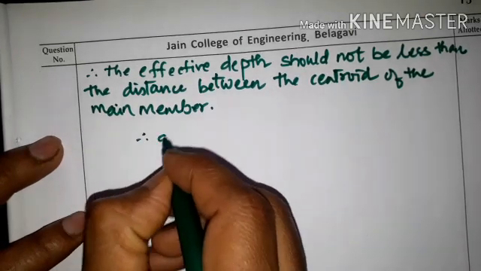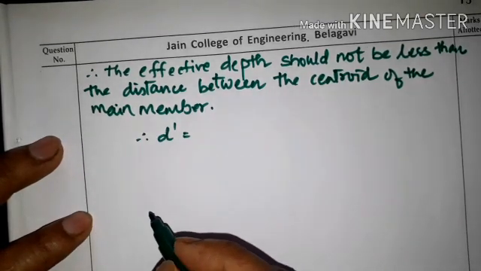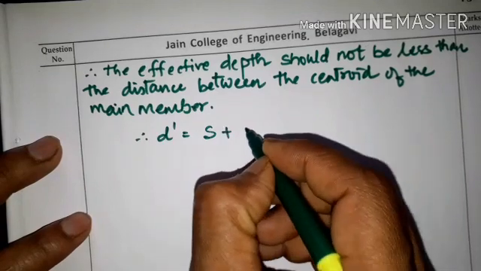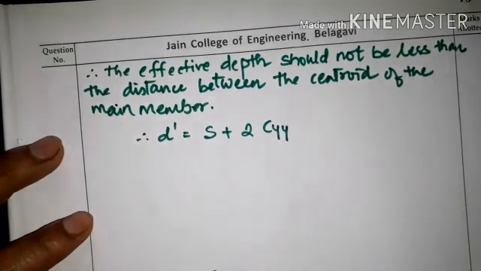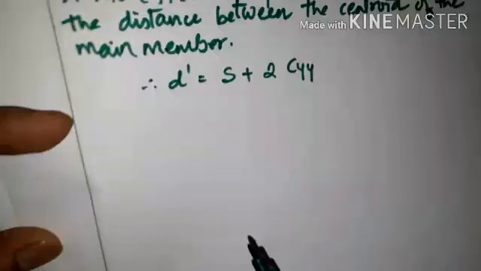So therefore d dash is S plus 2 times Cyy. Why is it S plus 2 times Cyy?